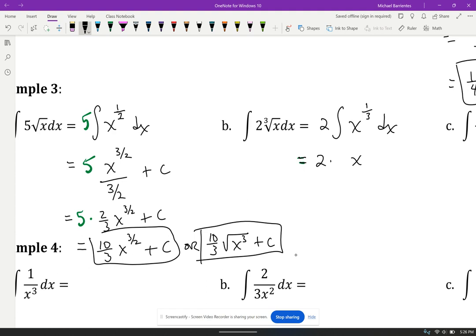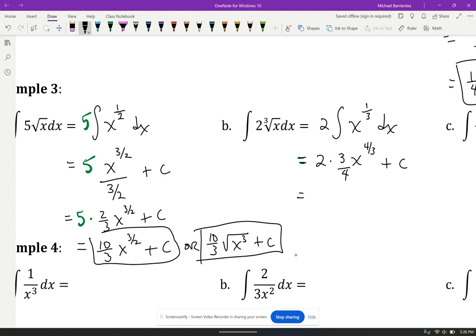So if I add 1 to the exponent, that's going to give me 4/3. And I'm going to divide by 4/3. But remember, dividing by 4/3 is the same thing as multiplying by its reciprocal 3/4 plus c. This would be the antiderivative that we're looking for.